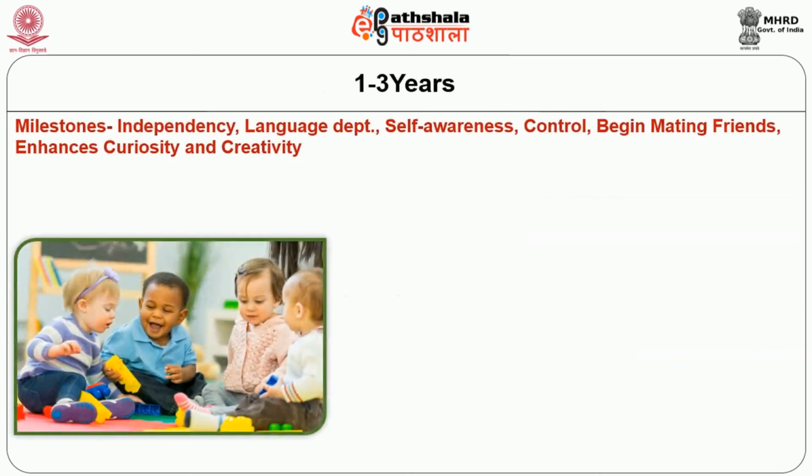Second, let us look into the 1 to 3 years of lifespan, wherein the milestones to be accomplished are independence, language development, self-awareness, control, beginning to make friends, and enhanced curiosity and creativity.